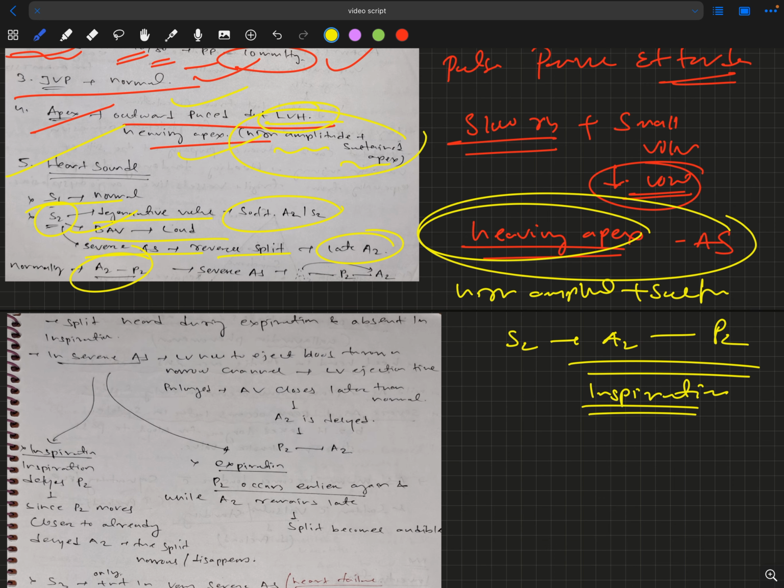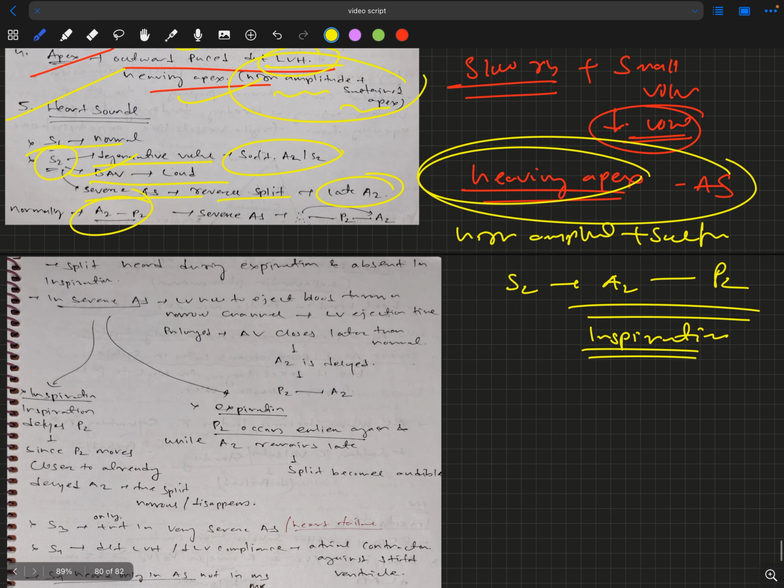Another thing, because the blood flow towards the right side of the heart is increasing during inspiration, the blood flow towards the left side of the heart increases during expiration. So that will lead to what happens normally: A2 then P2.